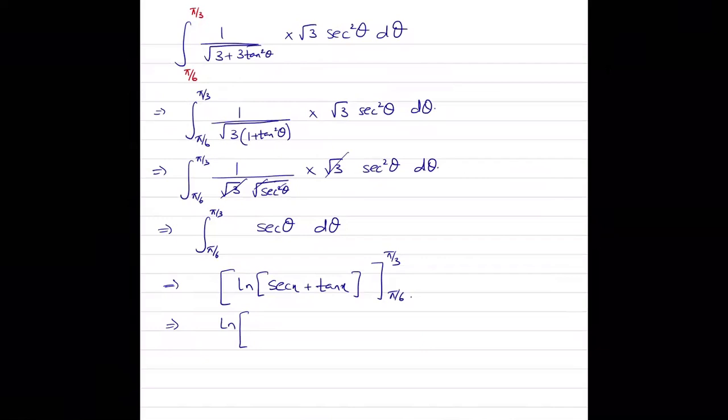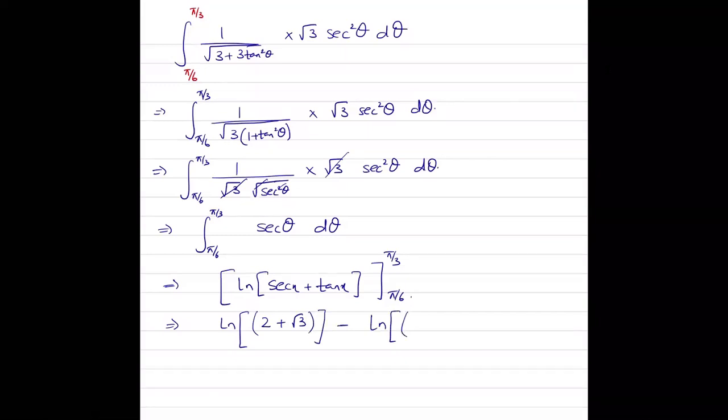What is cos pi upon 3? 1 upon 2, I'm getting 2 for this. Tan pi upon 3 is root 3, minus ln secant pi upon 6.